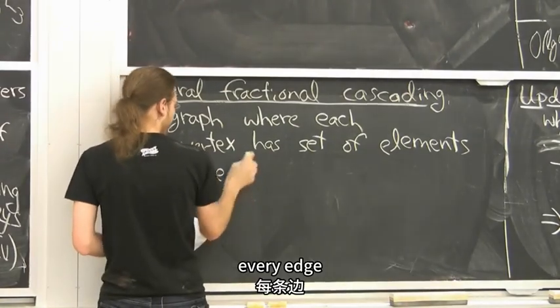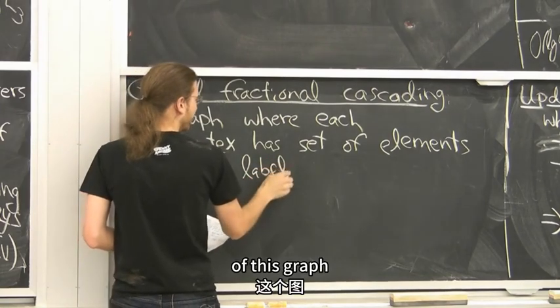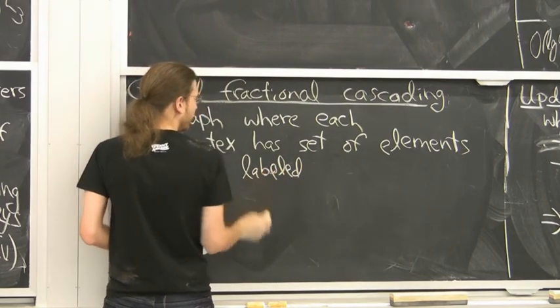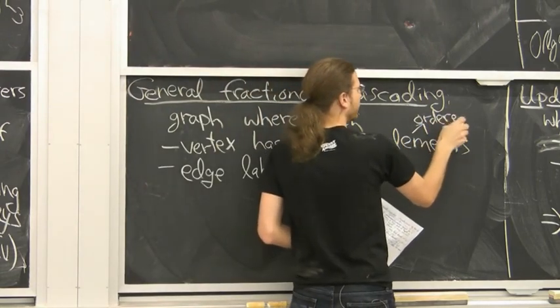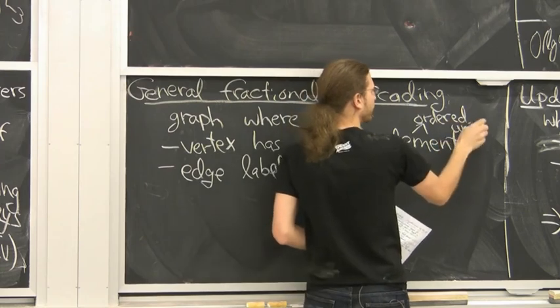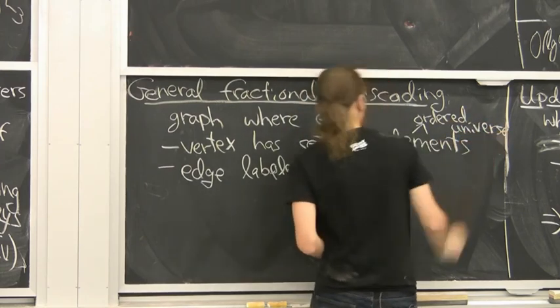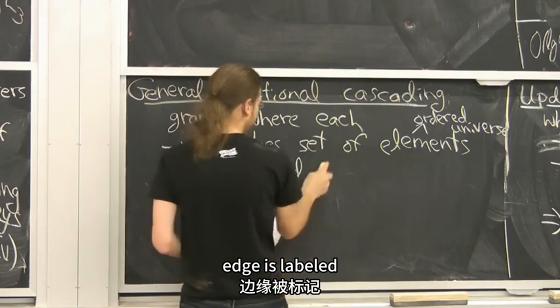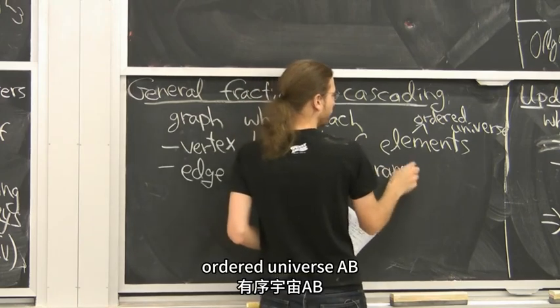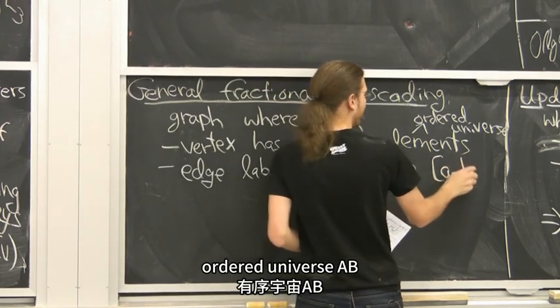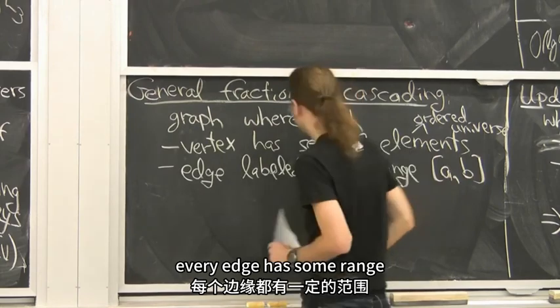Every edge of this graph, and this is in an ordered universe, so it's one-dimensional. Each edge is labeled with a range from that ordered universe, A, B. Every edge has some range.